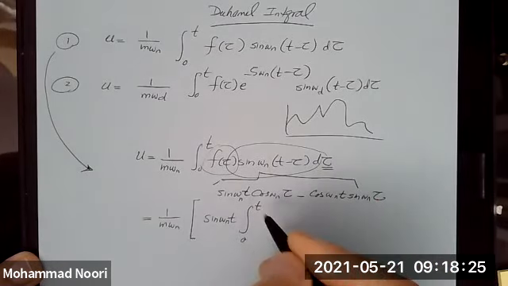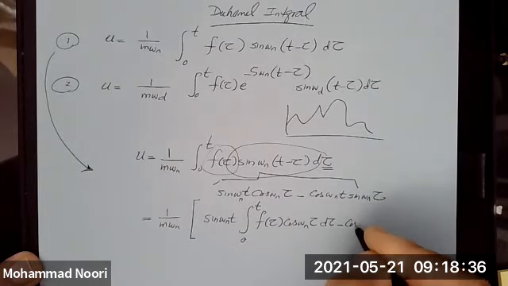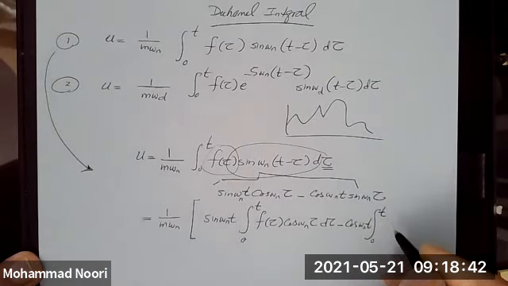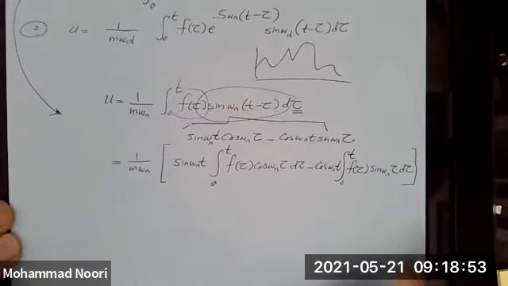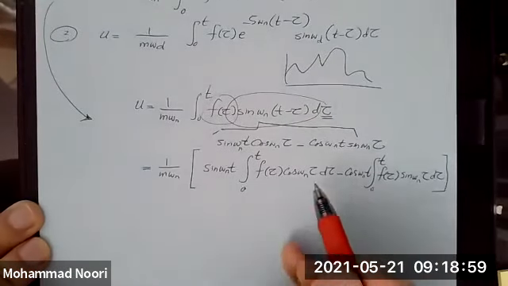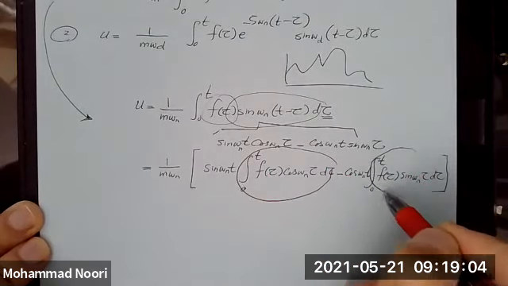Then you have the integral of f(tau) cosine omega n tau d tau, minus cosine omega n t times the integral from 0 to t of f(tau) sine omega n tau d tau. So the problem comes down to evaluating these two integrals.